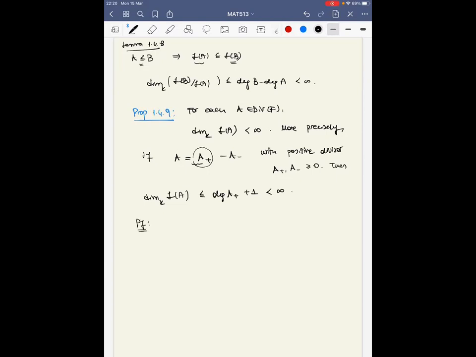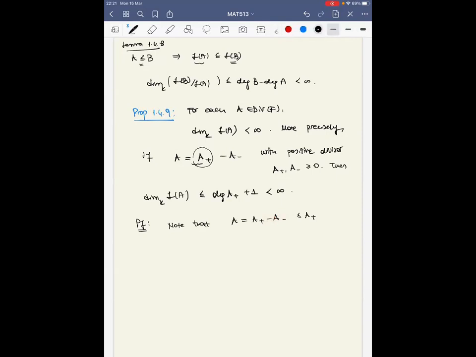And in order to prove this statement, first let me note that when we write the divisor A as A plus minus A minus, this is always less than or equal to A plus, because this negative term is always less than or equal to the 0 divisor.